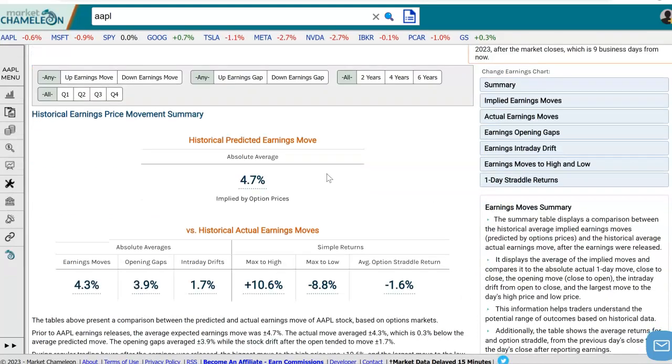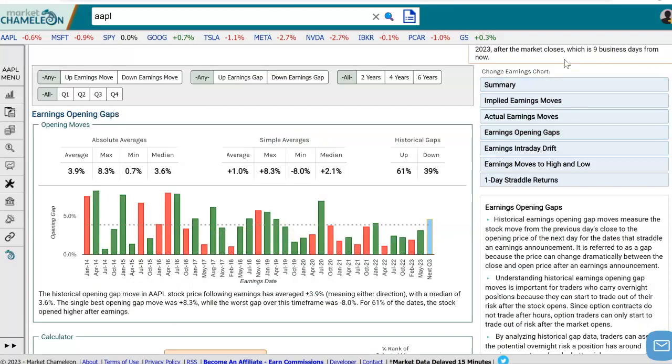And here on a summary page that looks at Apple's earnings moves from different perspectives, we're going to look at this one, opening gap moves. If you click on it, it takes you to a page, or if you go over here and select earnings opening gaps, it'll take you to the same page where it shows you the data for Apple's earnings gap moves.